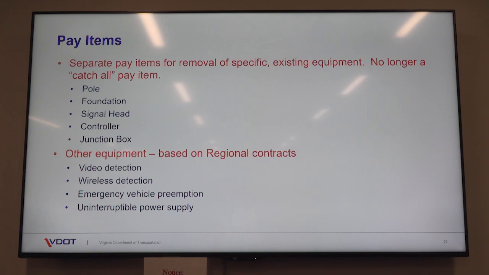And they are separate pay items for the removal of specific existing traffic signal equipment. There's no longer a catch-all pay item for this. There is some equipment that is not specifically called out in the 2016 specifications, but is based on regional contracts.